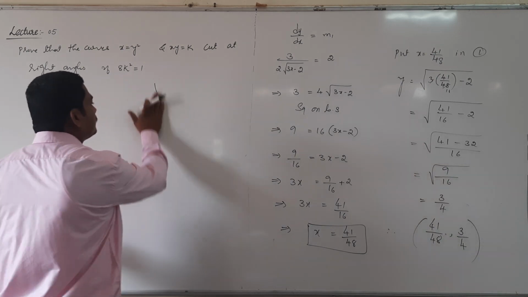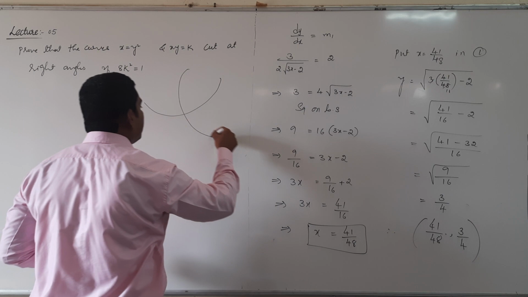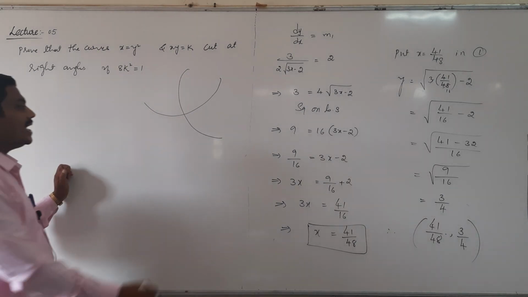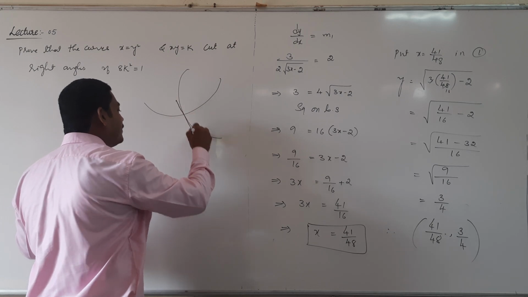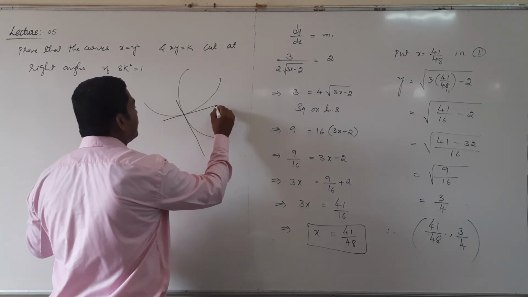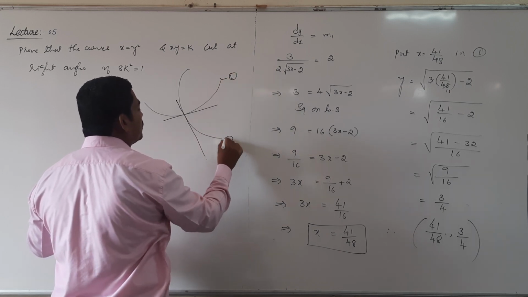Suppose this is one curve, this is another curve. These two curves are said to be perpendicular only when their tangents are perpendicular. This is tangent line, this is tangent line. This is curve 1 and this is curve 2.